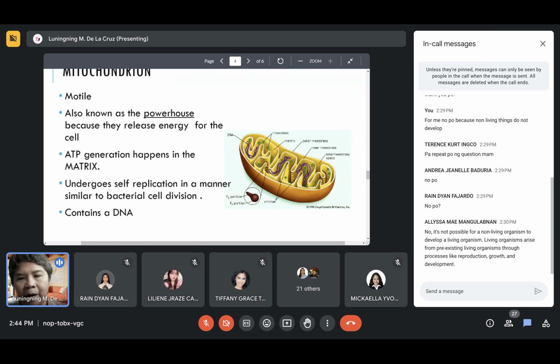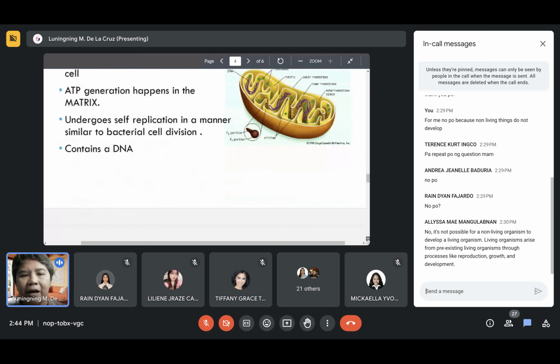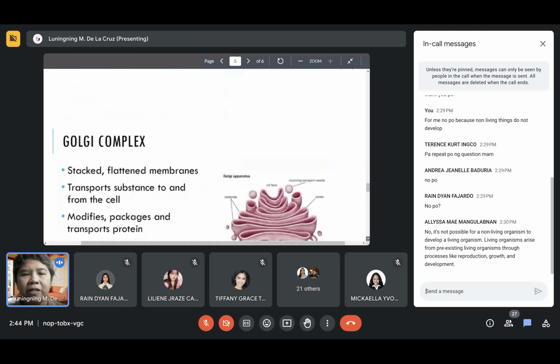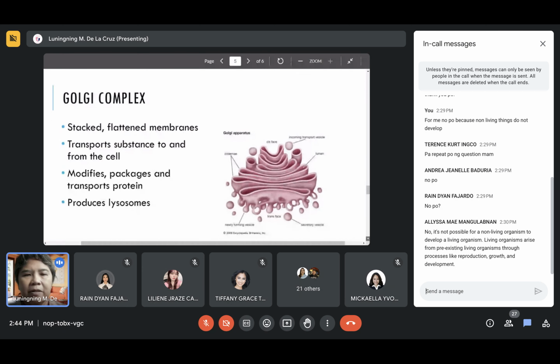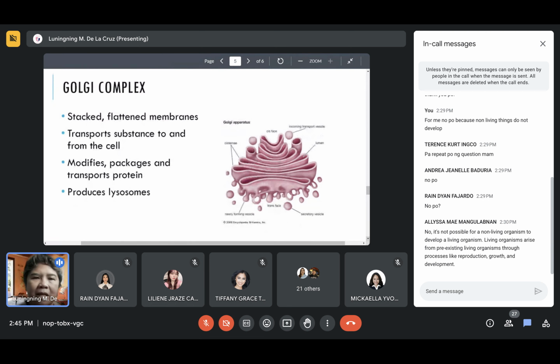It may contain DNA. Then we have the Golgi complex. It is a stack of flattened membranes that transport substances to and from the cell. It modifies, packages, and transports proteins and produces lysosome.